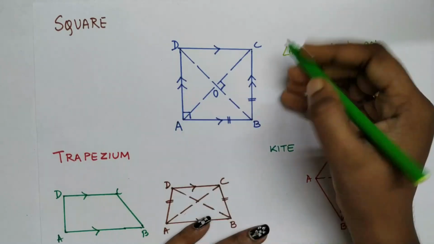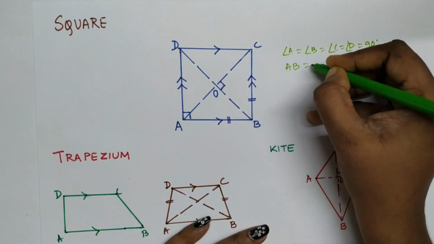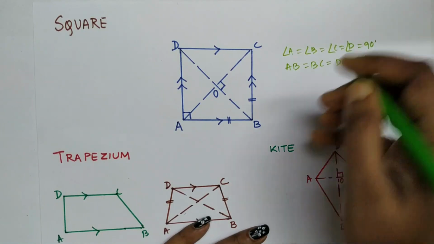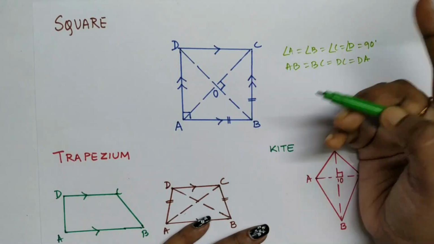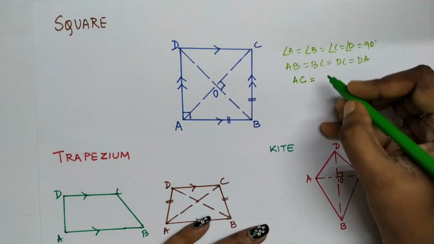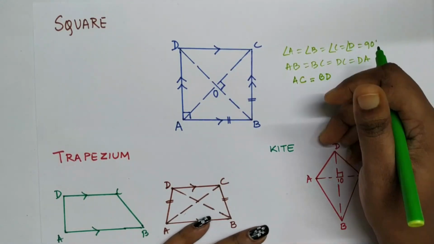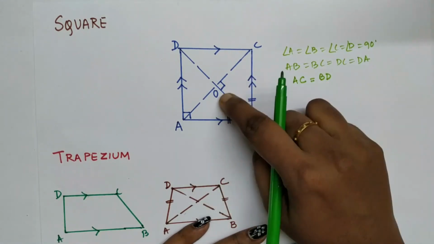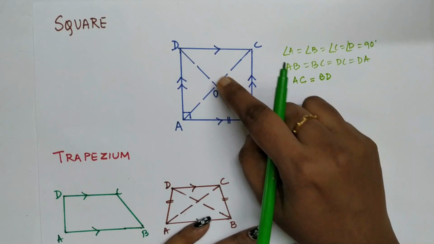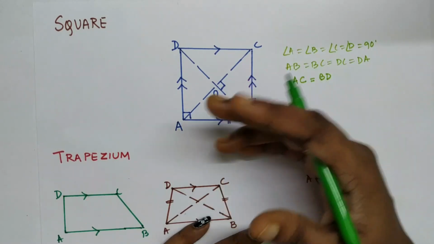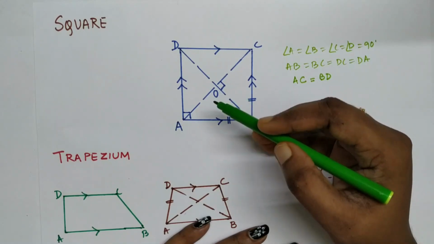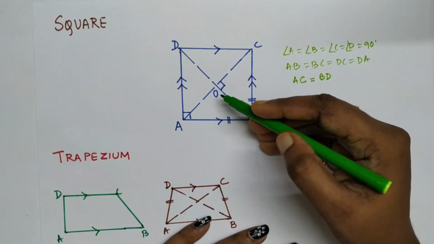All the sides are equal, so I can say AB is equal to BC equal to DC equal to DA. The diagonals of a square are also equal, that is AC is equal to BD, and the diagonals bisect at right angle. So here it is forming 90 degree. Same as the rhombus, where I told you the diagonals bisect at 90 degree or right angles, the same happens in a square.